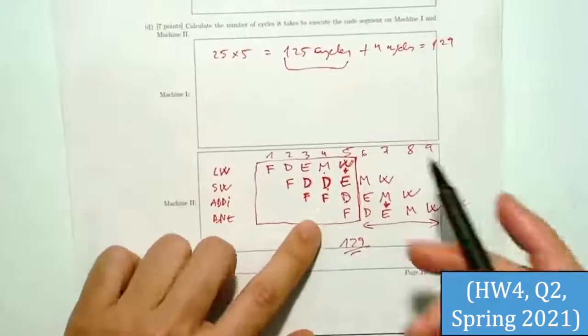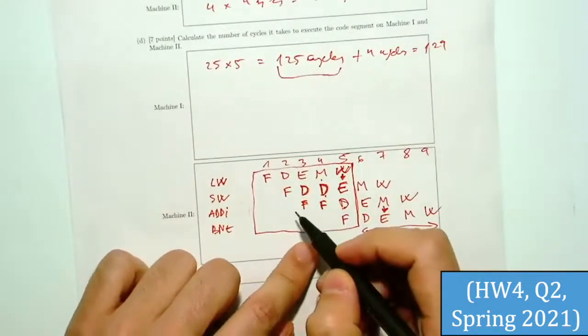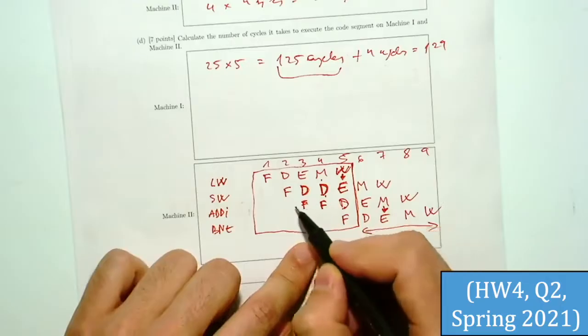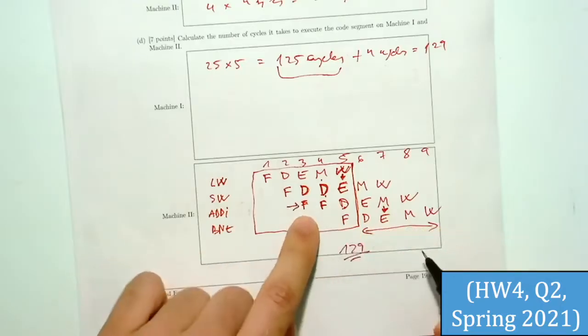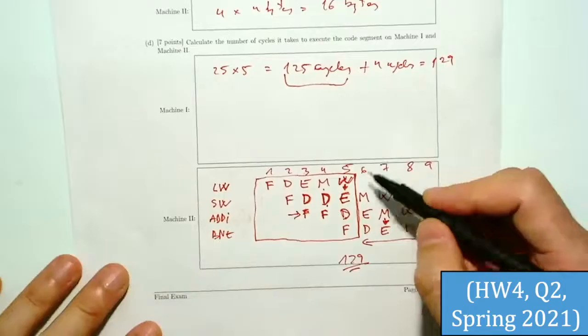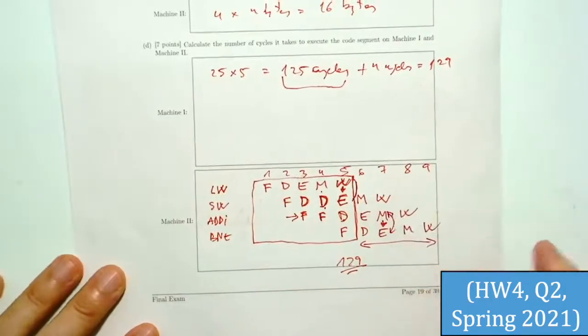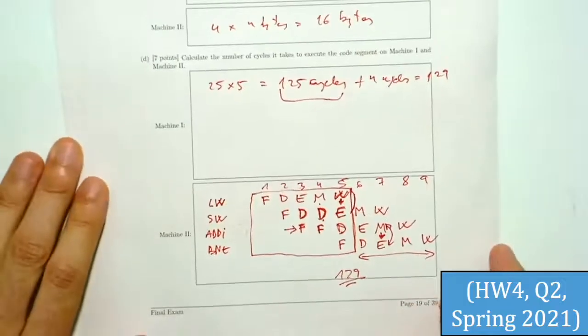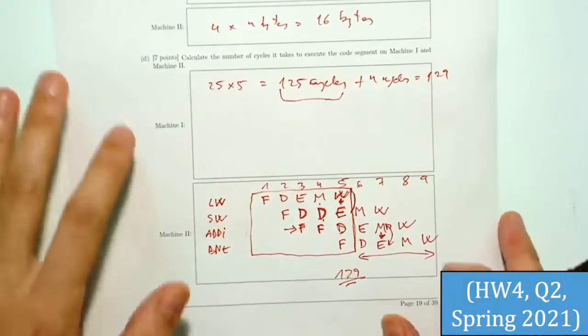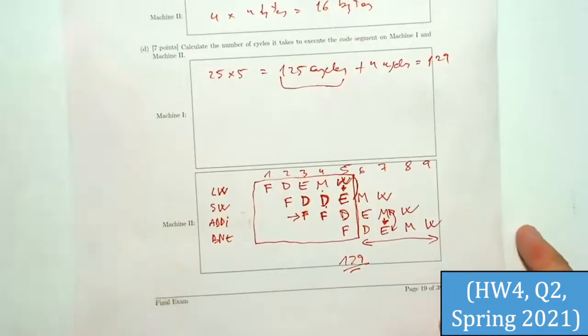So we already see that we stall here, and we have data forwarding here and here. Okay. Questions?